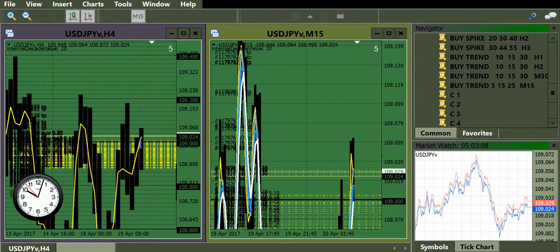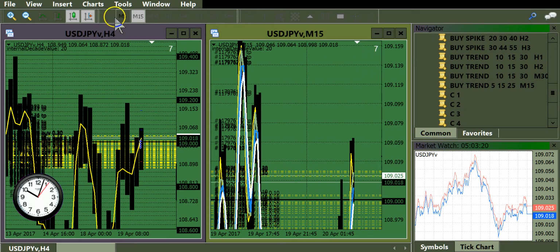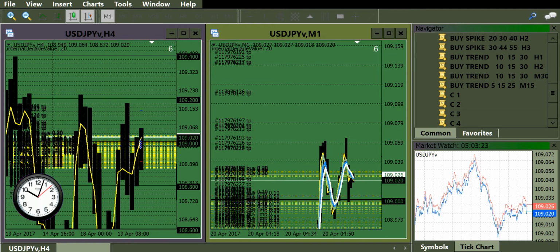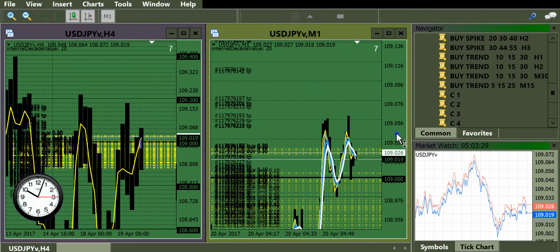Okay, wait a second. It really does matter how big you're in, because can you run a tight stop like that? Sure. But that trade is over so quickly. If you go to the 1 minute chart, that trade is like over. Really? Look at this.